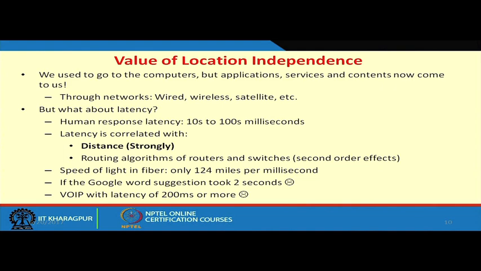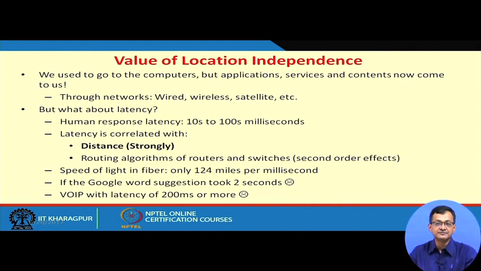So I have a large pool of huge resources on my very thin system. It can be a simple desktop or laptop, all provisioned through networks, wired, wireless, satellite and so on. But what about latency? Latency is also a big thing, right.